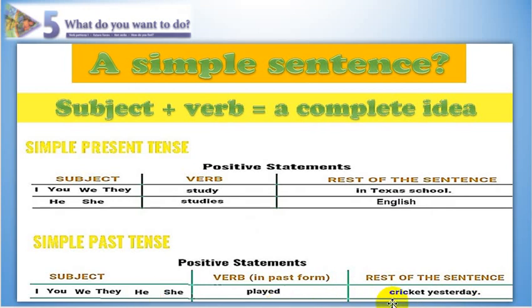He played cricket yesterday. Now, this sentence in the present and the past tense is a simple one because it has one subject, one verb. Okay? Now, in the English language there are other types of sentences.